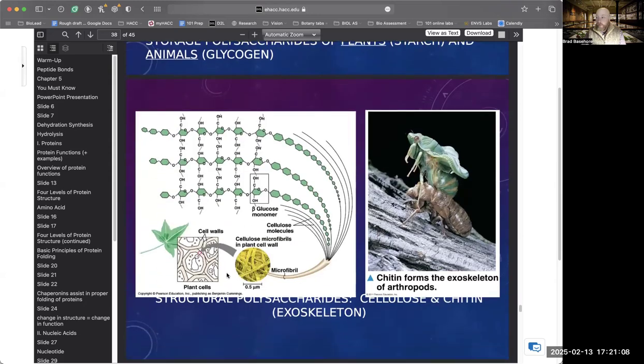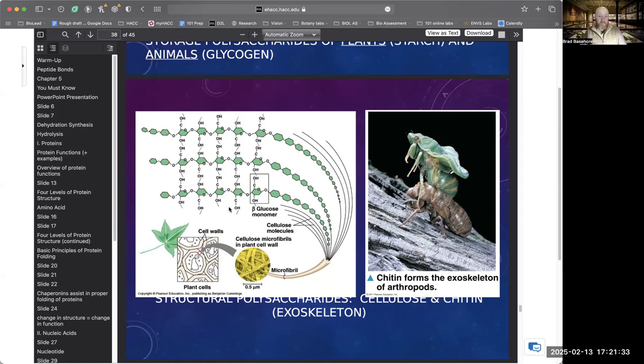In cellulose, again, it's just a different type of glucose. It's still glucose, but it's a slightly different version. It's just glucose, glucose, glucose, long, long, long strings of them. And they're going to hydrogen bond to each other and form these bundles of threads, basically.